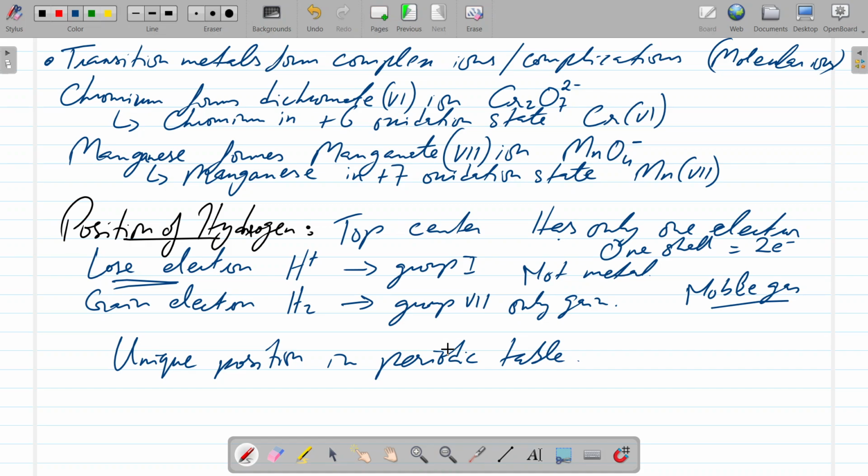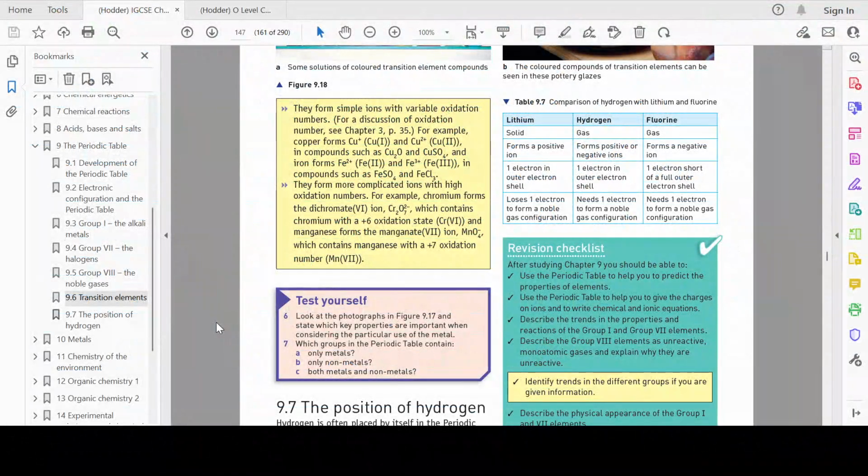Let me shift to the text. You can see in this table, lithium, hydrogen, fluorine are all from the first period.